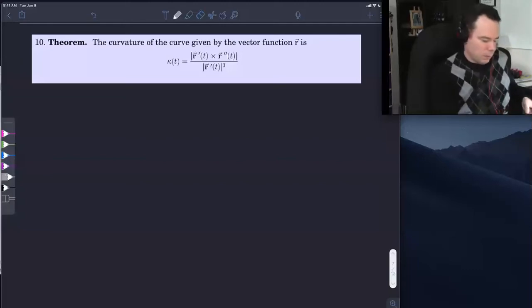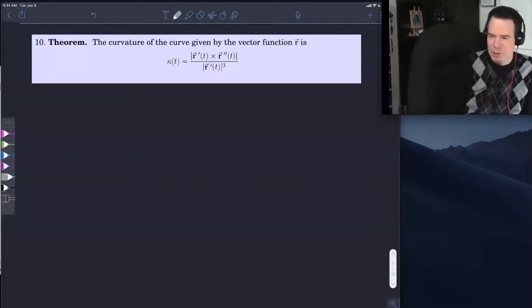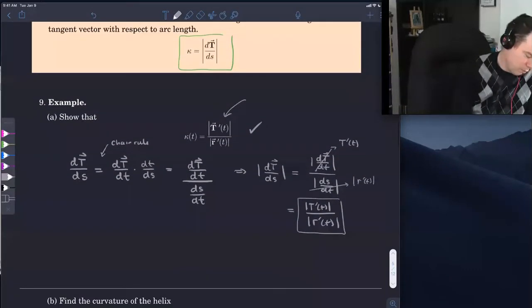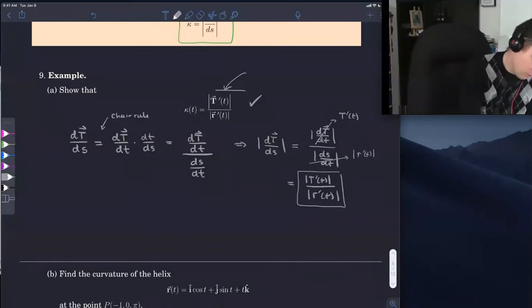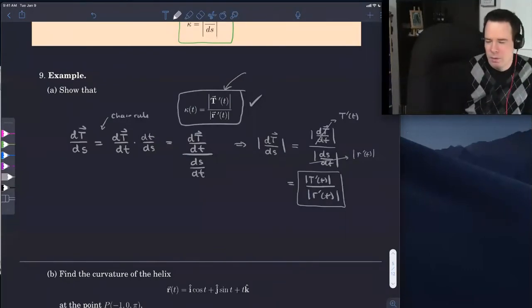So I say this is the easiest one to use. You might be looking at it and going, well, that looks more complicated than the previous one. And here was our previous curvature formula. The curvature was the magnitude of the derivative of the unit tangent vector divided by the magnitude of the tangent vector.